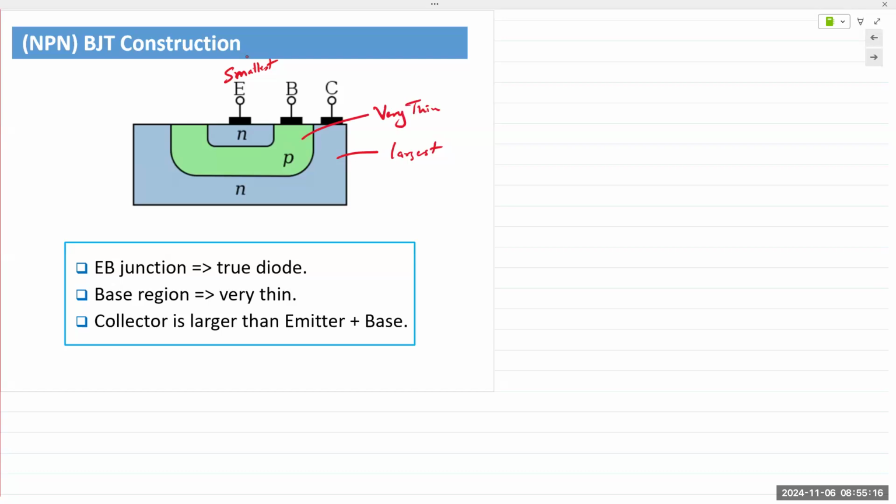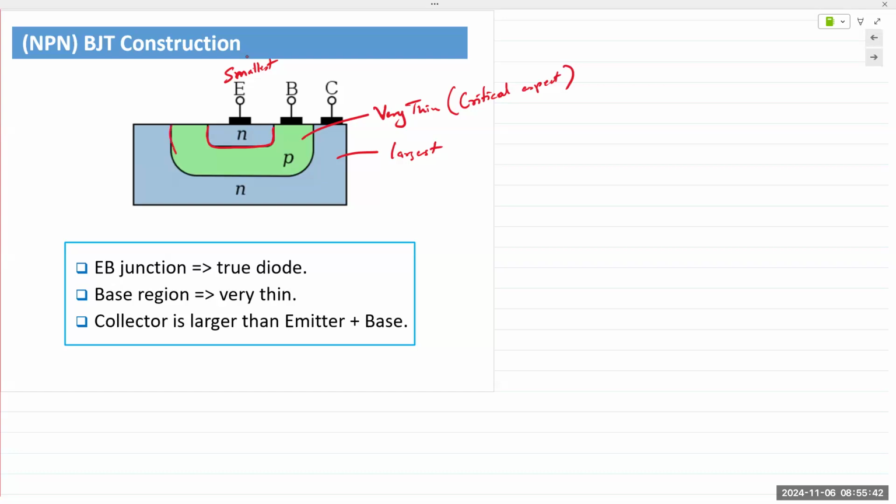And this is the most critical aspect of its functioning. Okay. It's the thinness of the base region that results in the unique operation of a BJT. Okay. So we have an emitter base junction right here.